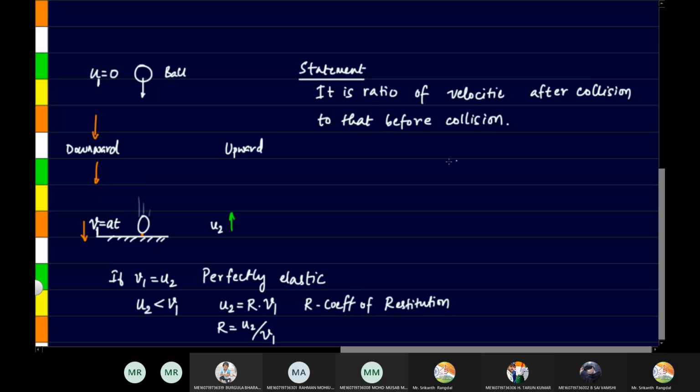That ratio is called the coefficient of restitution. So that is the definition.